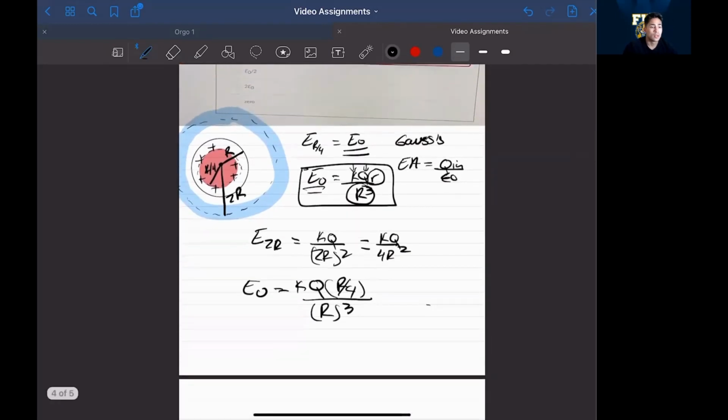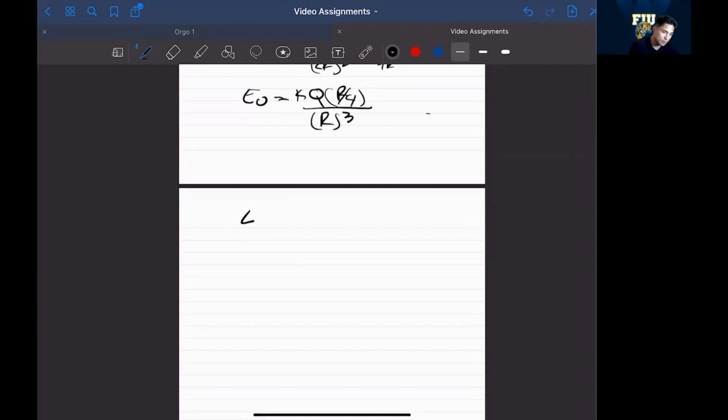All right. So by doing that and putting in the ratios, we get that E at 2r will be equal to KQ divided by 4r squared.